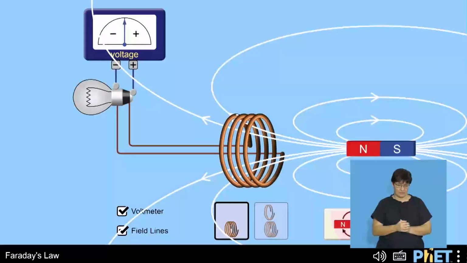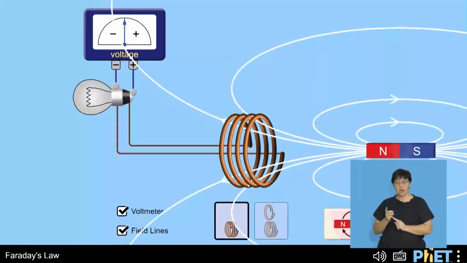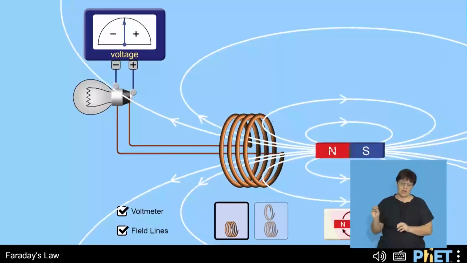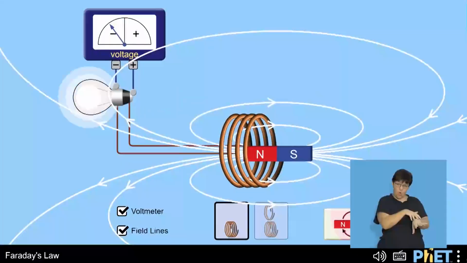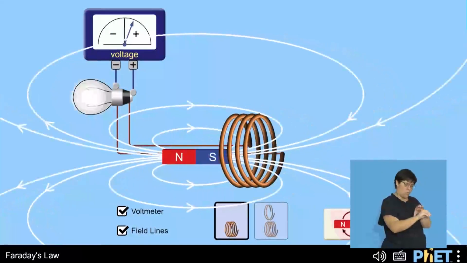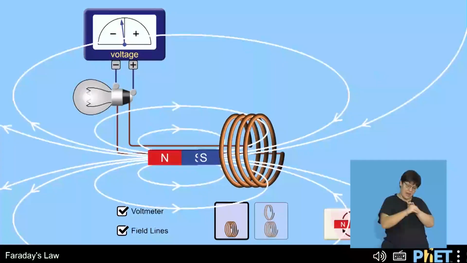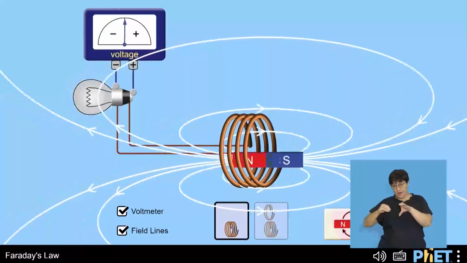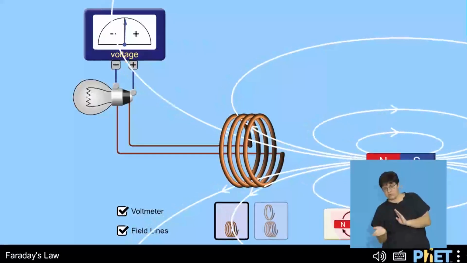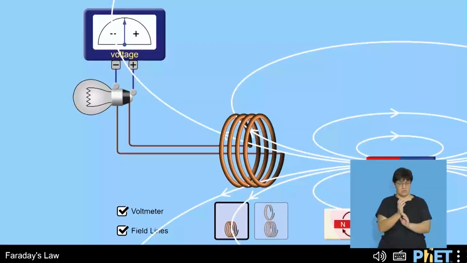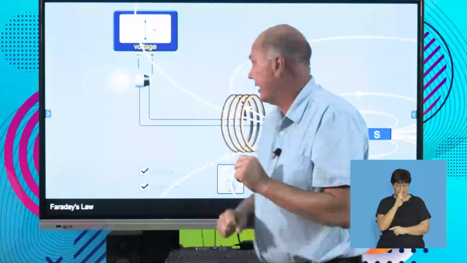So have a look here. I'm going to deliberately move this magnet into the field very slowly and out very slowly and back again very slowly. And you'll see there was hardly any movement of that needle. Now what I'm going to do is move it as quickly as I can.